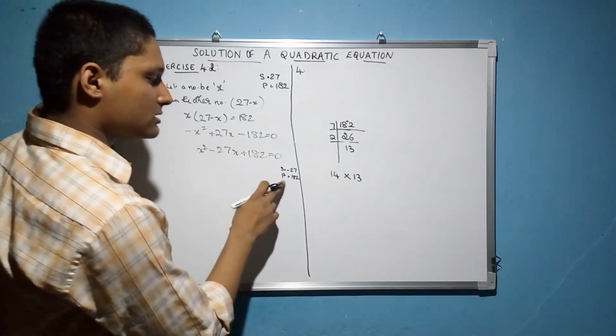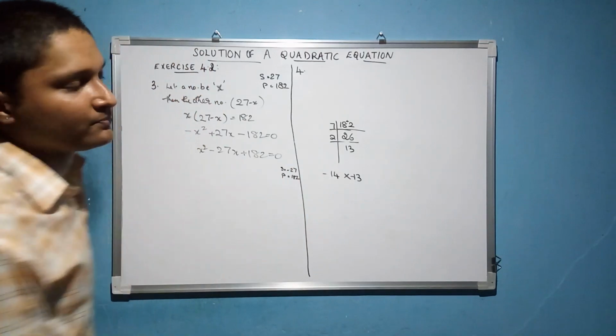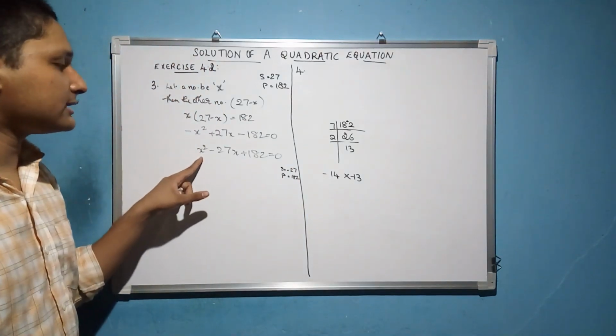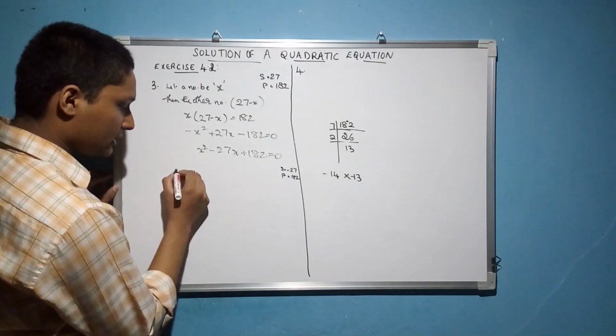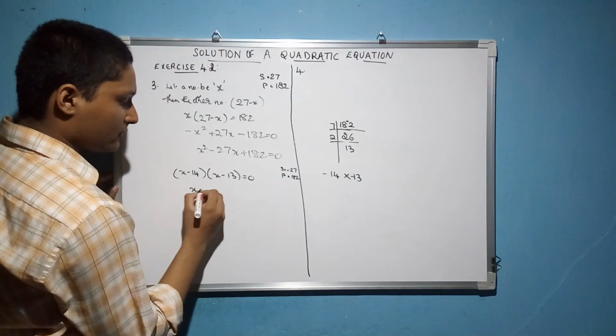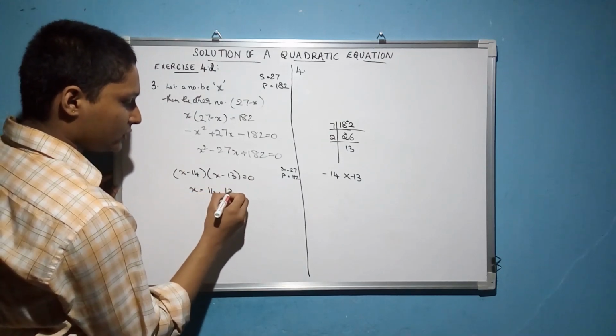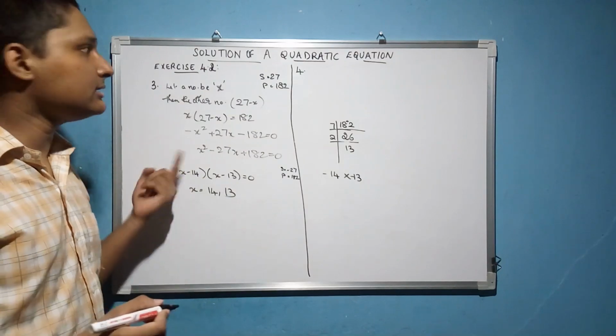Since the product is positive and the sum is negative, I can write both of them to be negative. And since the coefficient of x is going to be 1, I can directly write x minus 14 into x minus 13 is equal to 0. Therefore, x is equal to 14 and 13 are going to be the answers. When you equate both of them, you get x equal to 13 and x equal to 14.